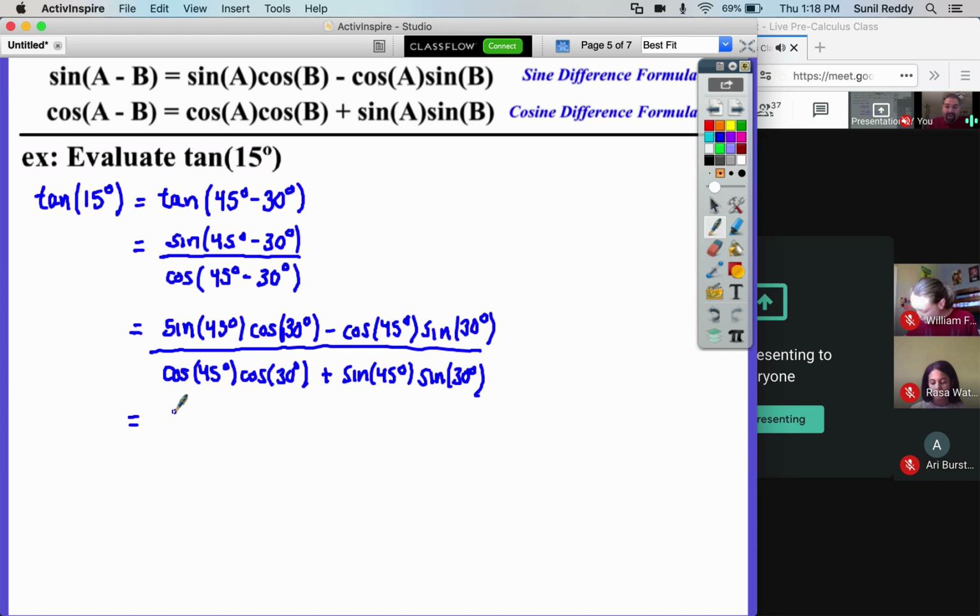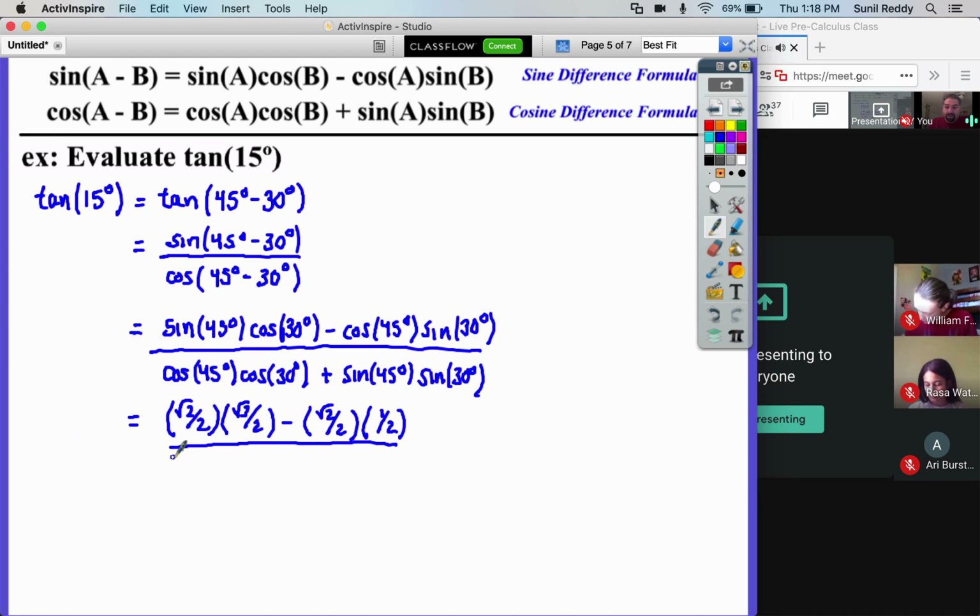Sine of 45 is root 2 over 2. Cosine of 30 is root 3 over 2. Minus cosine of 45 is root 2 over 2. Sine of 30 is 1/2. So that's the numerator evaluated out.